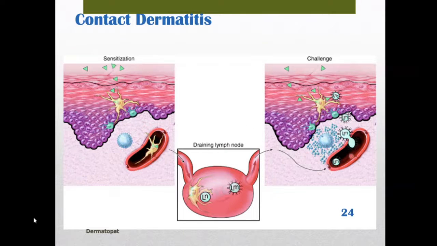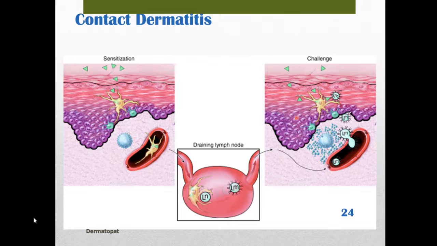So there will be now a challenge. Challenge is when the lymphocytes will leave the vessel and go to that area to kill these agents from which the antigens were presented.